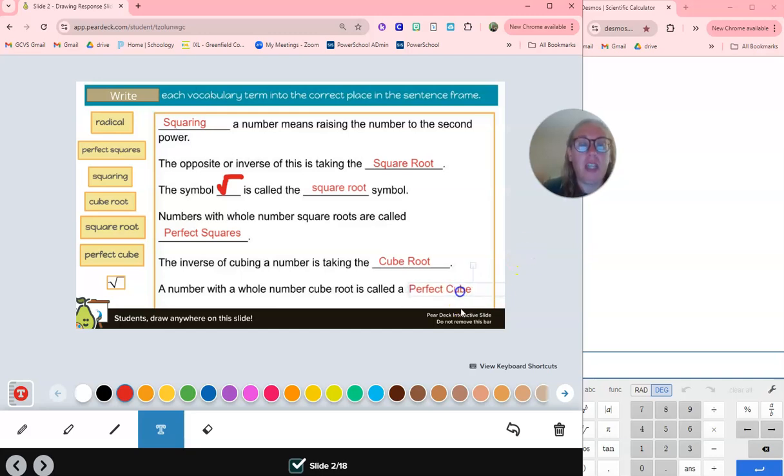So cubing and cube root all have the power or the root of 3, versus squaring and square root, which has that power and root of 2. And I know we talked a little bit about exponents last week with order of operations, but we're going to keep looking at those roots and squares and exponents and powers throughout this week as well. Okay.